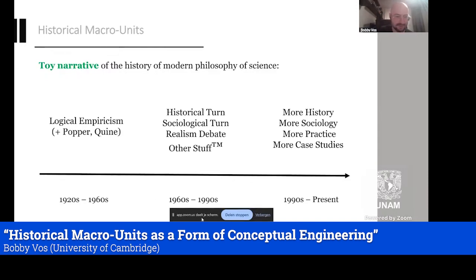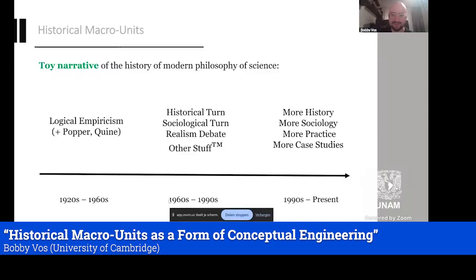And then this is a status quo until right about the 60s when Kuhn comes along, and this then starts off a wide variety of different turns in philosophy of science, as well as various other developments. So, and I've done my best to summarize it in an entertaining and sketchy way here.